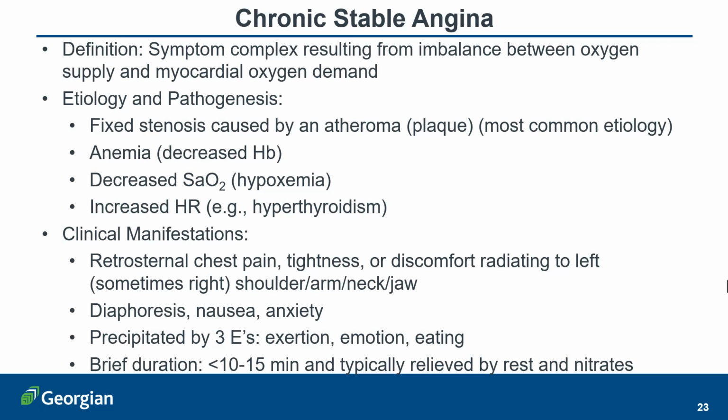It could also be due to anemia, whereby you have adequate delivery of blood, but there's less hemoglobin in the blood. That is the definition of anemia, and consequently you have inadequate supply of oxygen. It could also be that the coronary vessels are okay, hemoglobin is okay, but there's just not enough oxygen being delivered in blood because of a decreased concentration of oxygen in the arterial blood.